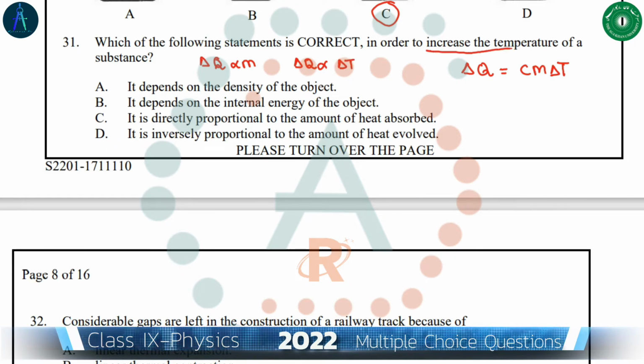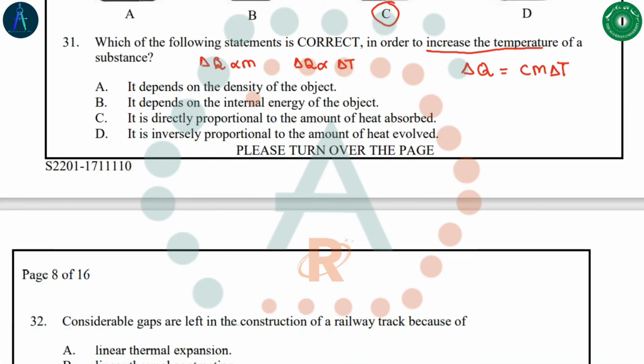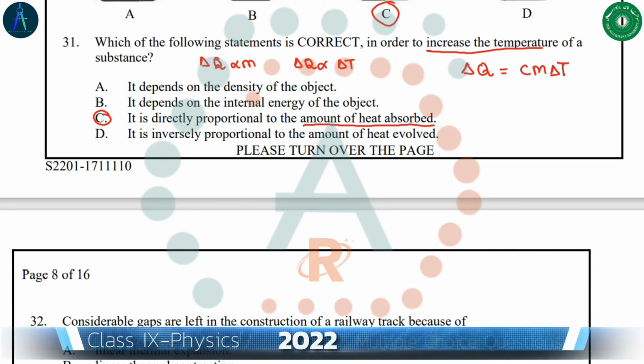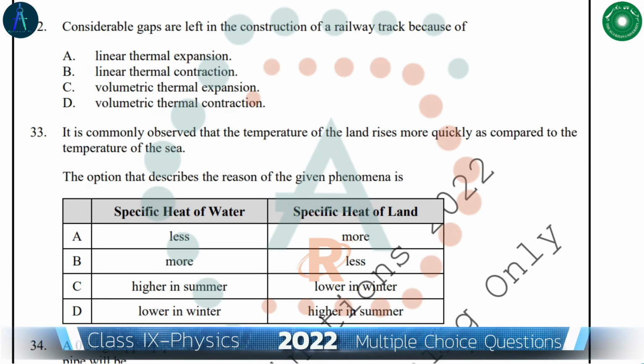So, the increase in temperature of the substance is directly proportional to the amount of heat absorbed. The greater the heat absorbed by that substance, the greater will be the change in the temperature of that substance.